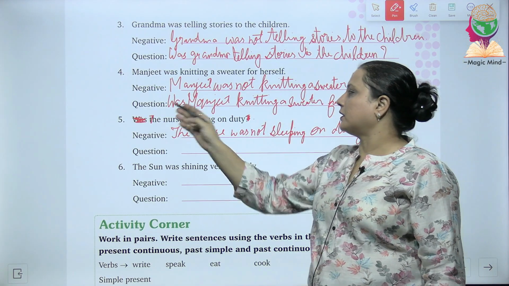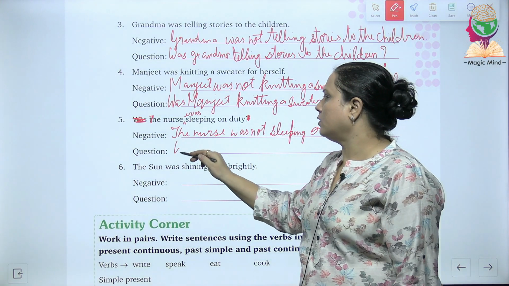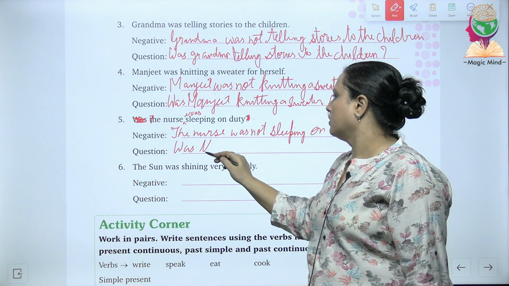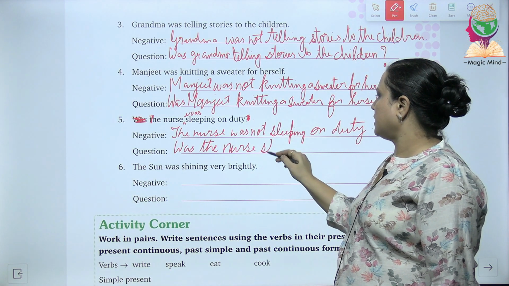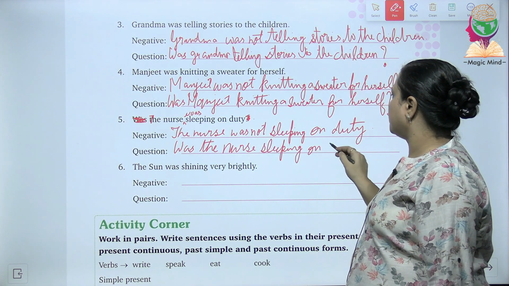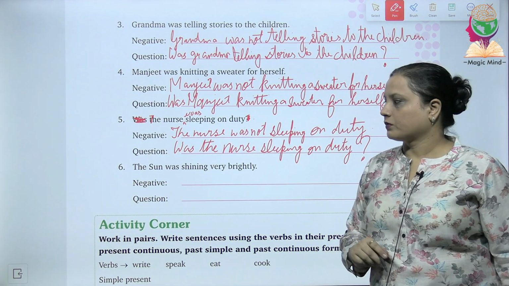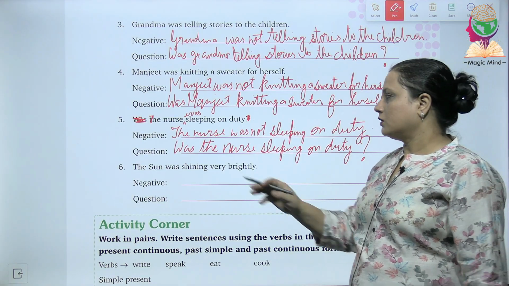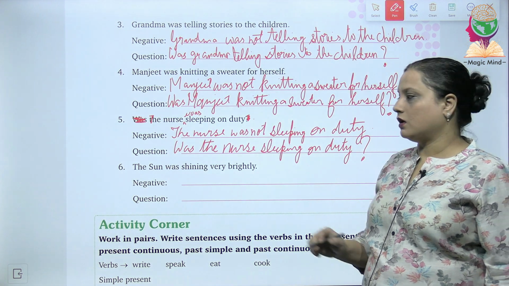And what we have just cut will be its question form. This will begin with was the nurse sleeping on duty and a question mark. The last one, the sun was shining very brightly.